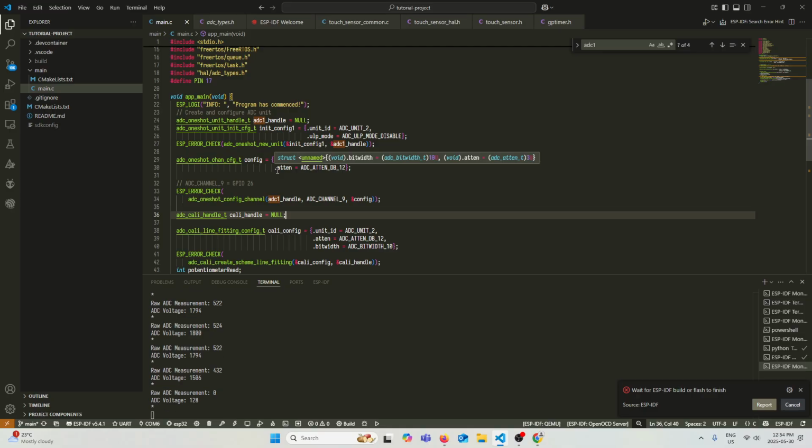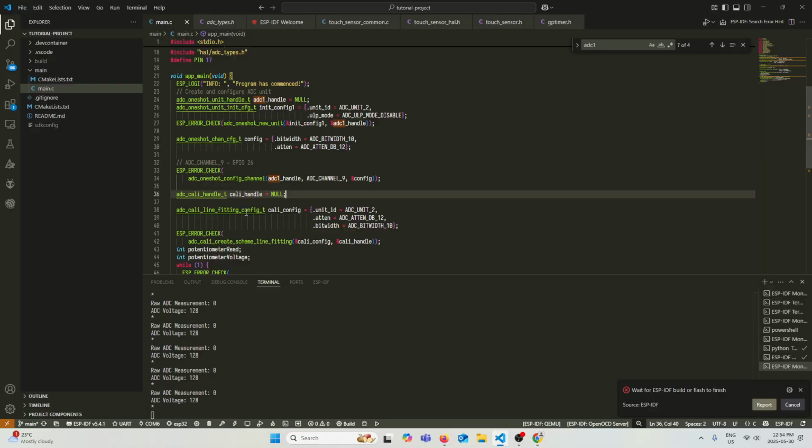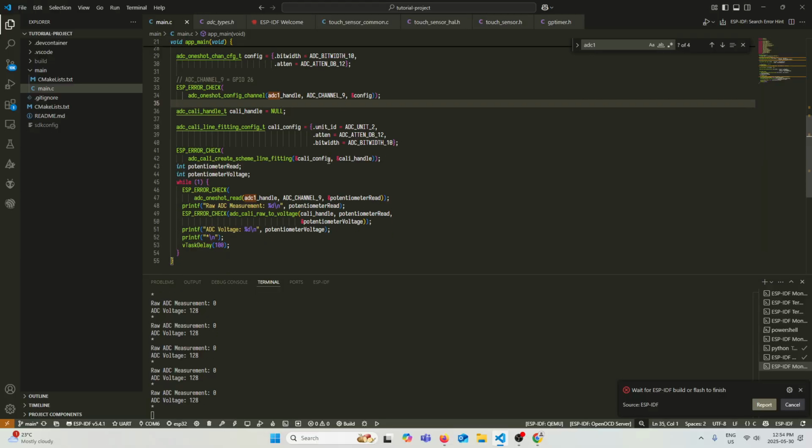Now my next question would be the one-shot config, the calibration handler. I need to know that. What does the calibration handler do? Let me read the documentation.